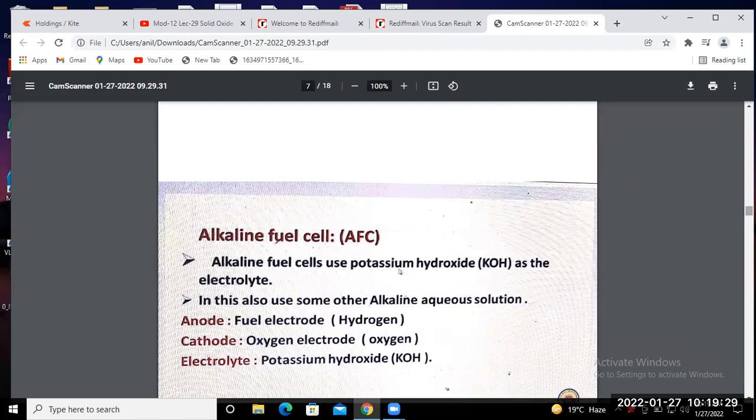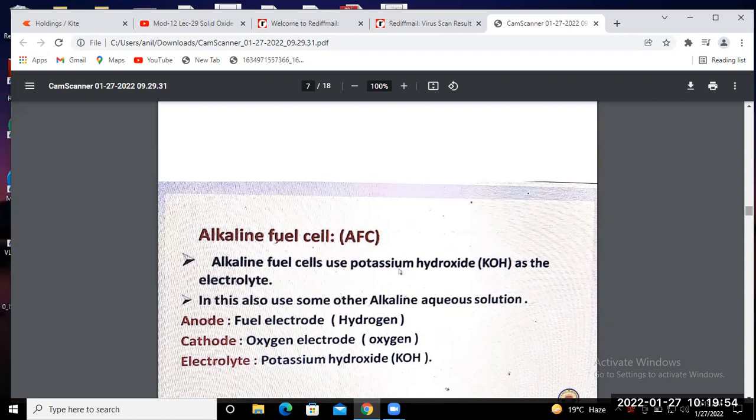So next one is alkaline fuel cell. We already know that any cell consists of three main components: one is anode, one is cathode, and one is electrolyte. These three are the main parts of any cell.